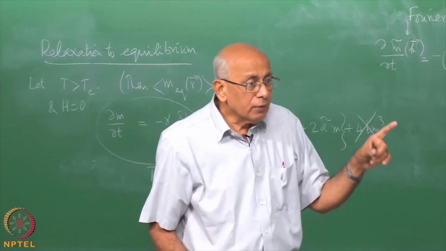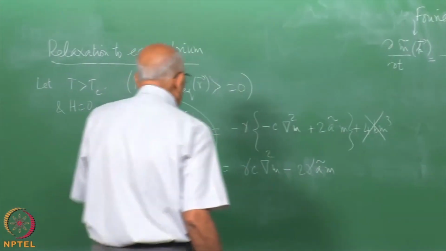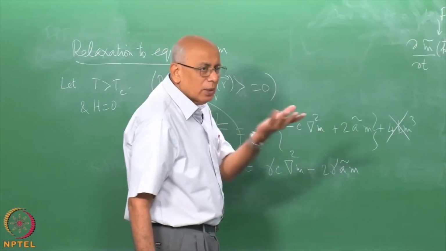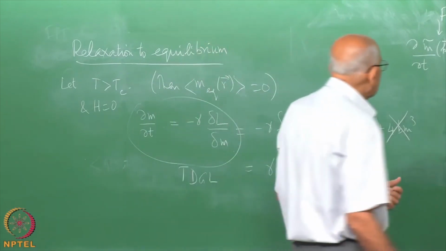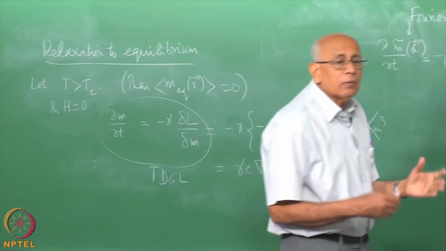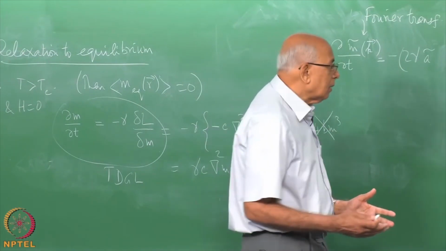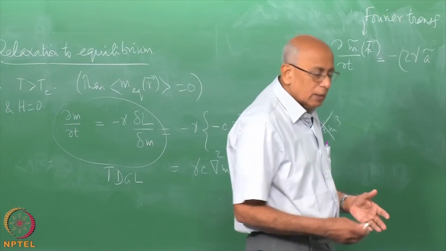It is linear in the field, not linear in the variable, not in the order parameter, no, but it is linear in the field. That is what linear response does, right? So in particular it will give you some statement about the susceptibility, because remember the susceptibility is the derivative of the order parameter with respect to the field at 0 field.